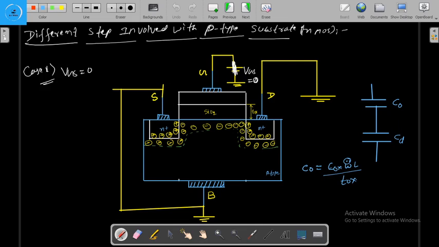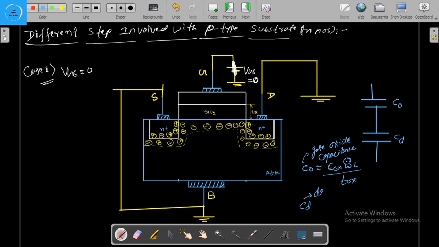So CO is the gate oxide capacitance, and it is equal to epsilon OX into W into L, which is the area, divided by TOX, the thickness of the silicon dioxide. And what is CD?